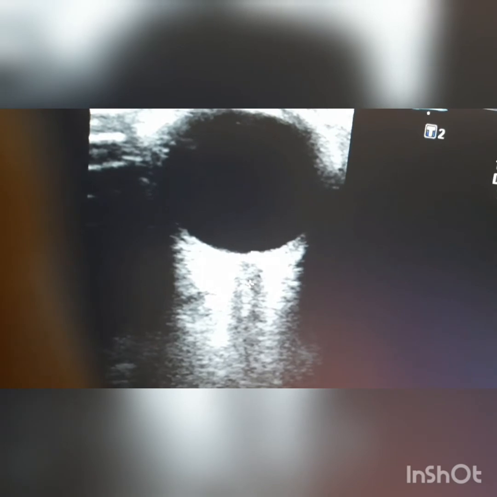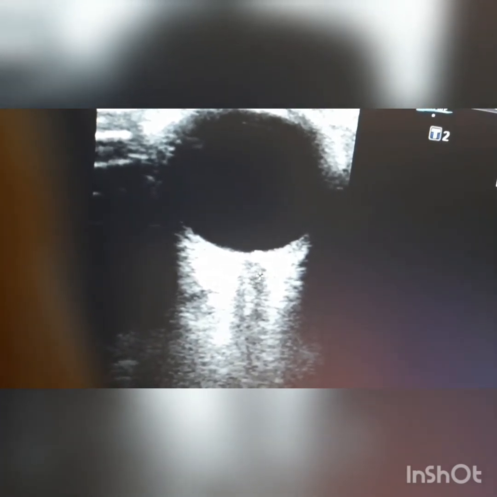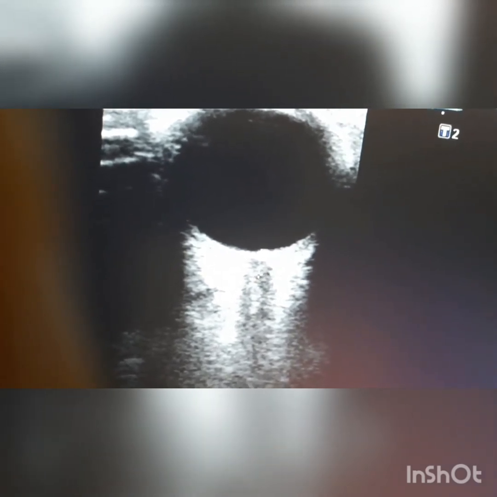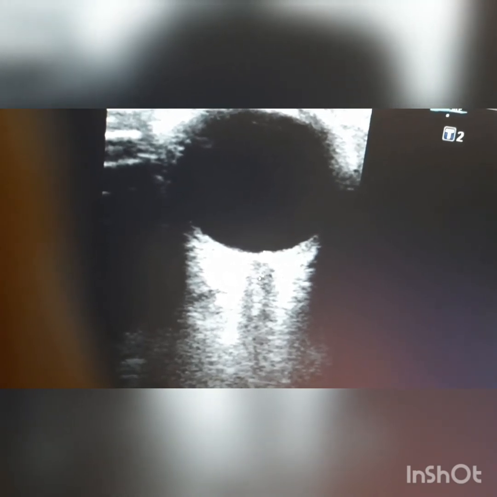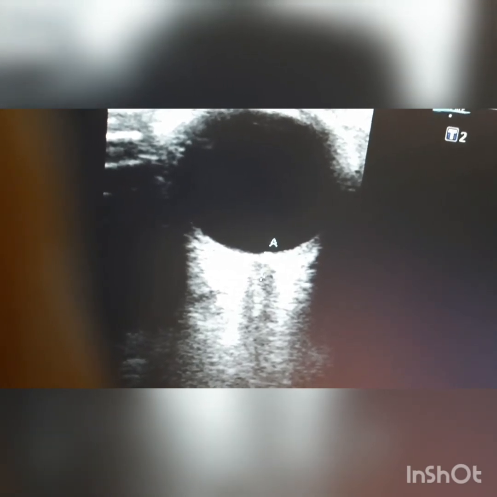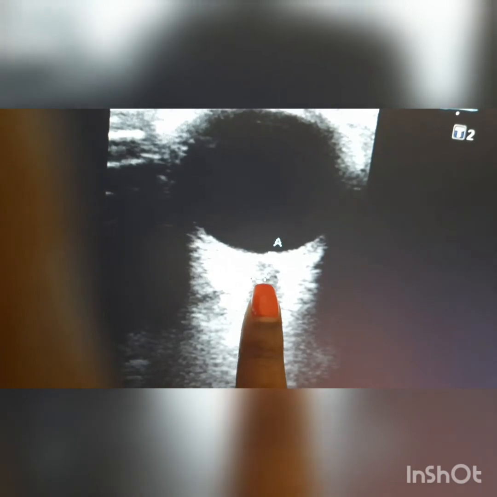You have to measure 3 millimeters below the optic disc, which is roundabout at this level. So you measure from one end of the optic nerve to the other end at the level of the 3 millimeters. And then you are done.